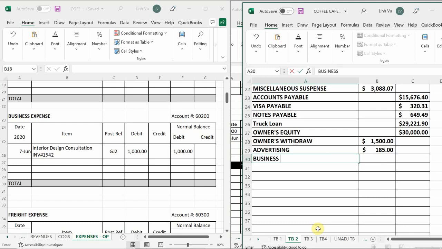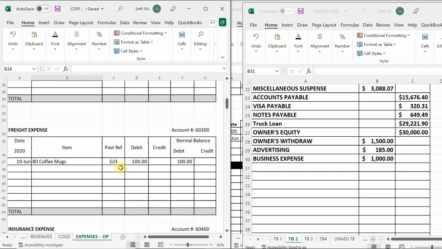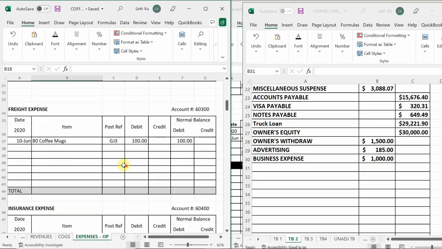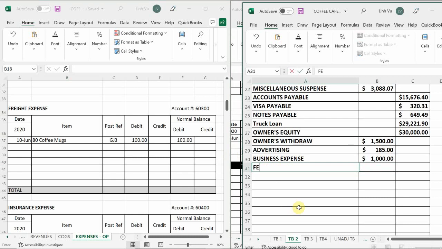Business expenses, yes. We did incur a business expense for the interior design, for $1,000. We did pay Kim to consult on our designing. Freight expense, because we did buy periodic inventory, we had to pay our shipping separately. So freight expense for $100.